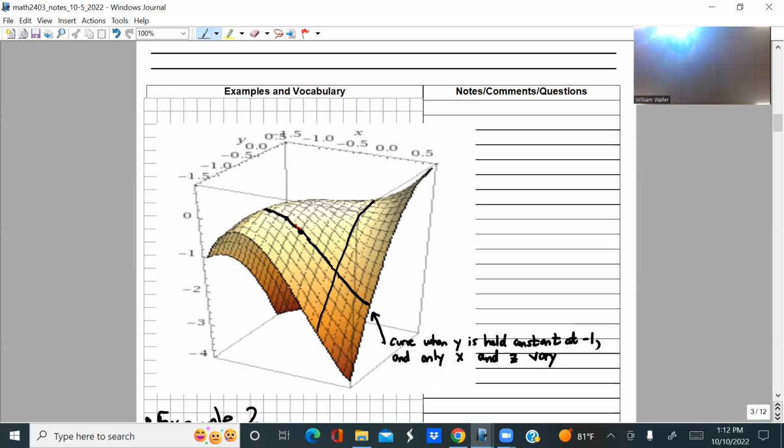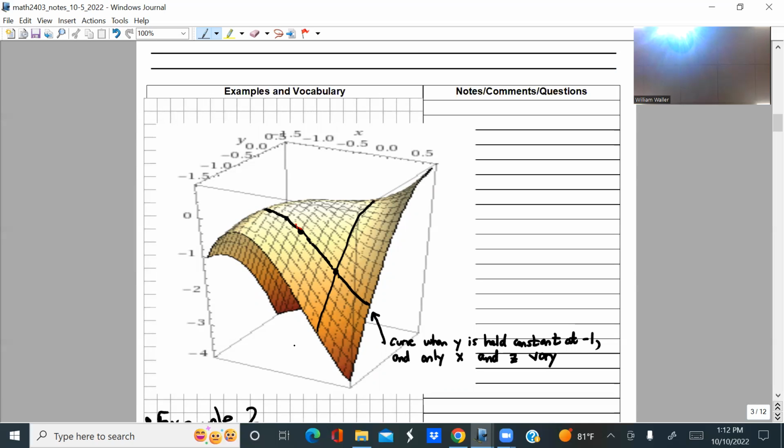This is the YZ plane over here. So you're slicing a plane parallel to the YZ plane right through your surface at x equals 0. That apparently is the parabola minus y squared, and y equal minus 1, I think, is right here.